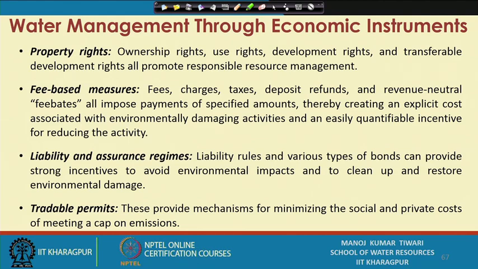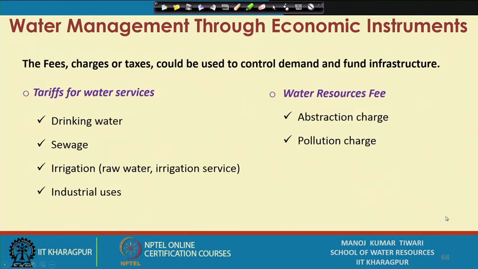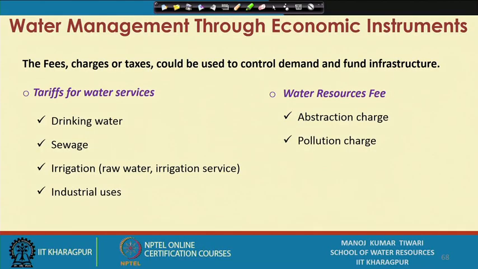So, these various water management principles can be adopted based on economic instruments, mostly through fees, charges or taxes. For water services, for example, we can have a tariff which includes drinking water, sewage, irrigation, raw water, industrial uses; we can put a tariff for that, or in the form of charges, or basically a fee.